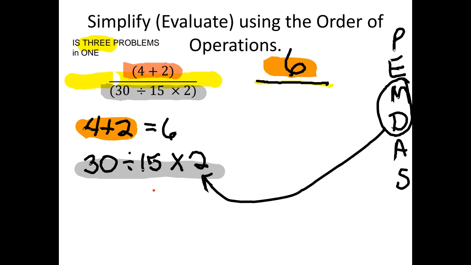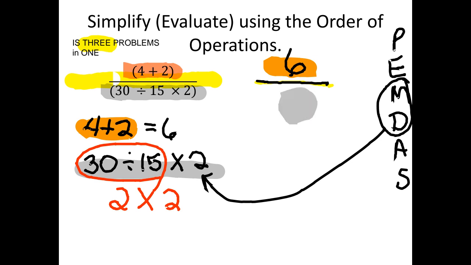This is going to give me the number 2 times 2, which means that down here, if you do it correctly, is going to give me the number 4. This gray number is not 1. And some of you are going to think that's what it is. Remember, it's multiply or divide, whichever comes first. 30 divided by 15 is this 2.